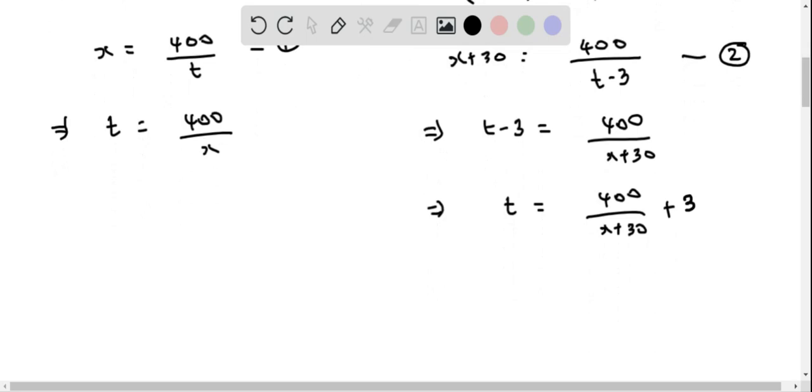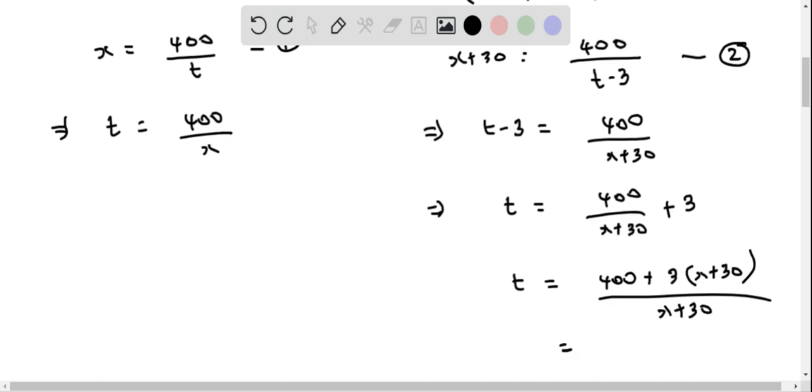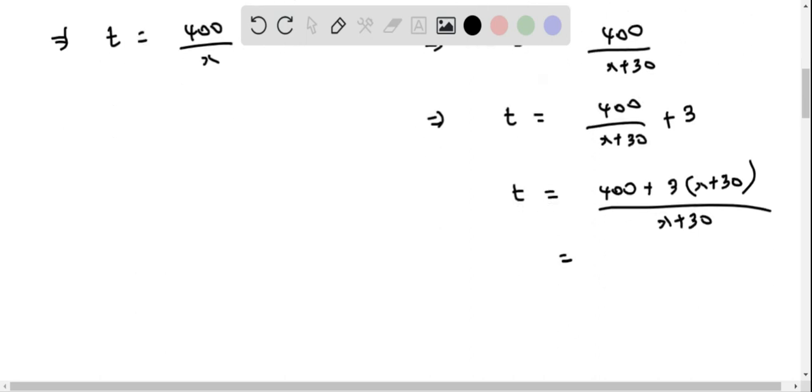Now let me simplify the right side expression. So here I have T. This is equal to 400 plus 3 times X plus 30, divided by X plus 30. This could be further simplified. So this is 400, and when I distribute 3 into this, I will be getting 3X plus 90.